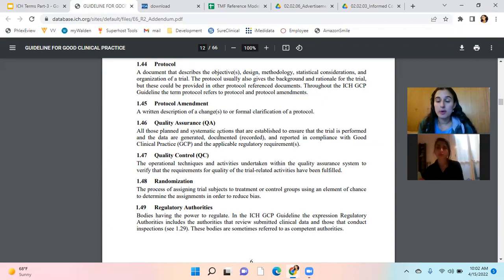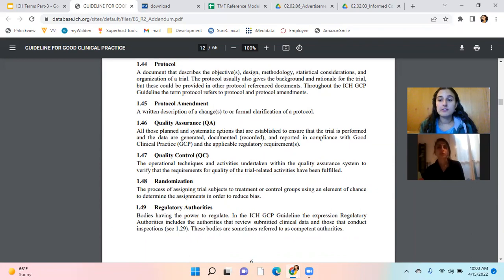A lot of times what we talk about with documents is quality control, but let's read their terms. QA is all those planned and systematic actions that are established to ensure that the trial is performed and the data is generated, documented, and reported in compliance with GCP and applicable regulatory requirements.